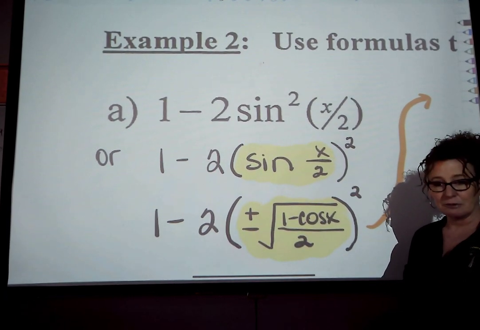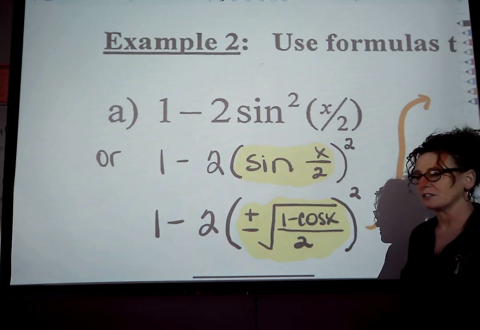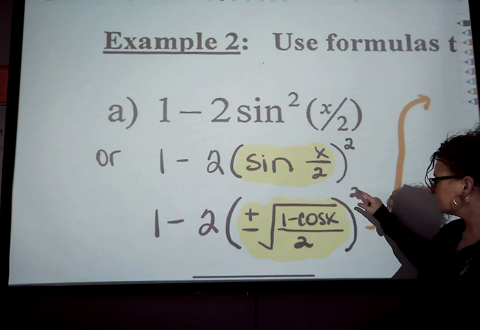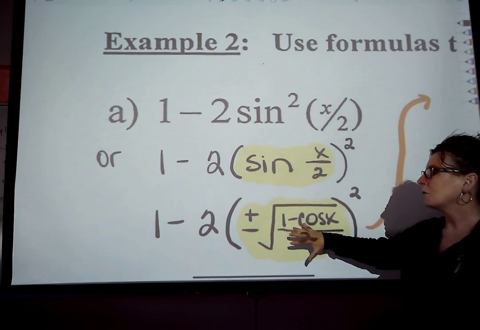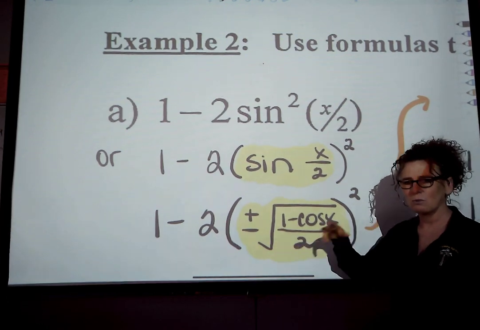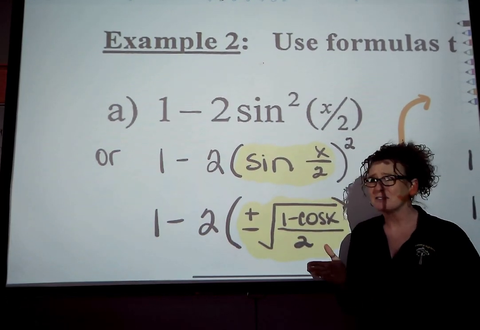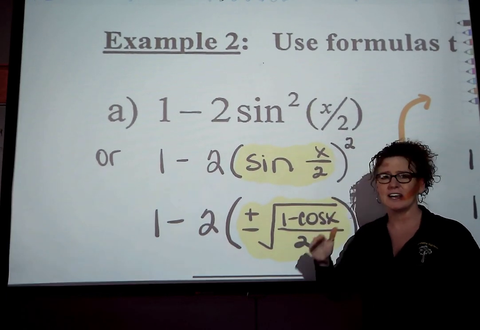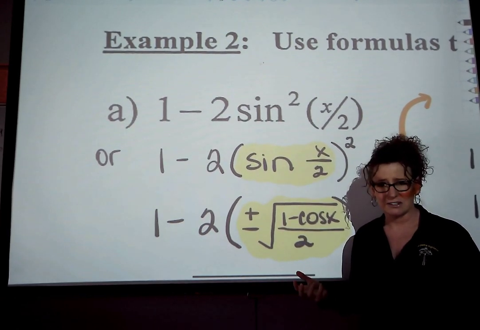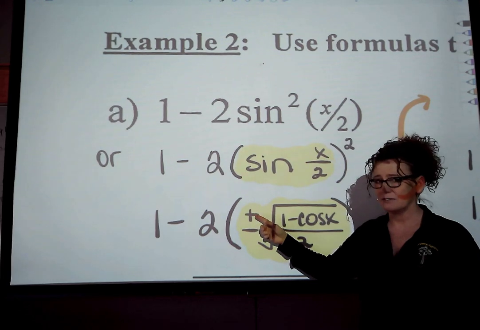Ready? Let's simplify using order of operations. So, parentheses, exponents. Let's do this exponent. What do I get when I square a radical? Well, wait. Am I squaring the positive version of the radical or the negative version of the radical? Doesn't matter. A positive times a positive is a positive.